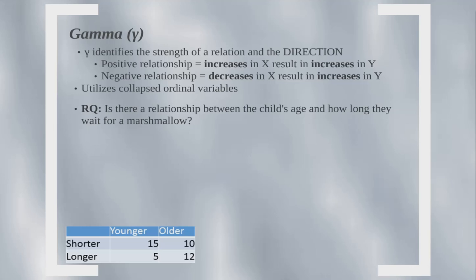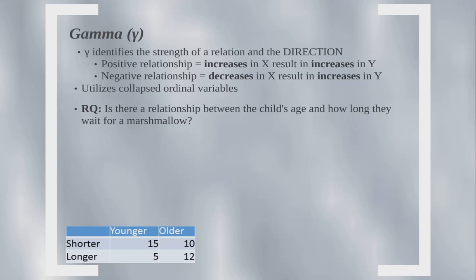And then we measured how long they waited for the marshmallow just by stating shorter or longer, right? We can plug in our data here and say we just have a cutoff of a particular age between older and younger. As you can see here, as we go to the right of this table, kids go from younger to older. As we go down the rows, time goes from shorter to longer.